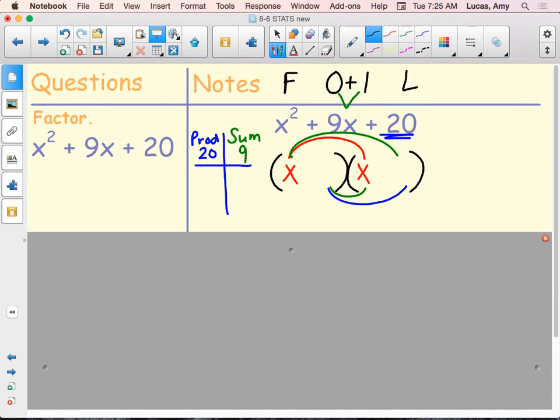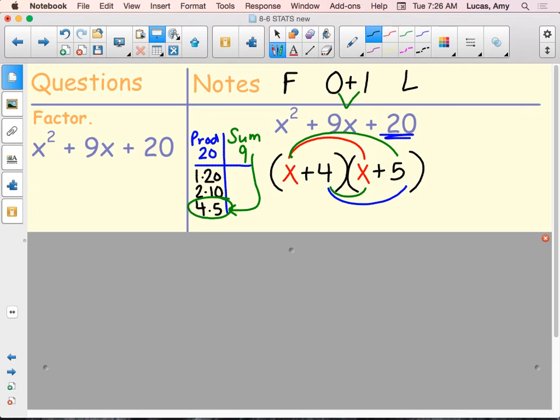So now you just need to think about numbers. 1 times 20 is 20, 2 times 10 is 20, so is 4 times 5. The one that gives me the sum that I am looking for, because I need the sum of 9, would be 4 and 5. So I can fill in positive 4 and positive 5.